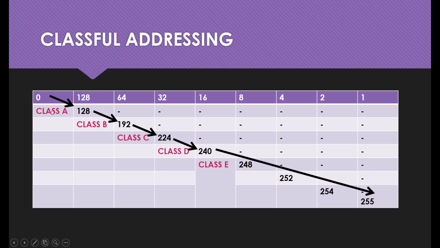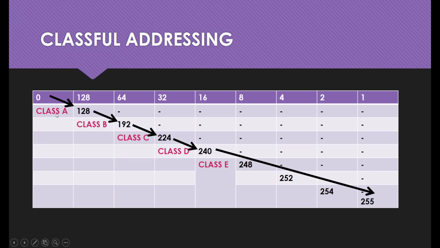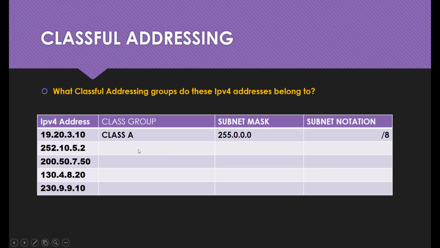We can see that class A starts from 0 to 128, class B starts from 128 to 192, class C 192 to 224, class D 224 to 240, and class E 240 to 255. So in this case, we have 19, which falls between 0 to 128. So that should be class A. And that's what we have here. Class A, subnet mask 255.0.0.0, and we have /8, which is the first 8 bits are all 1.